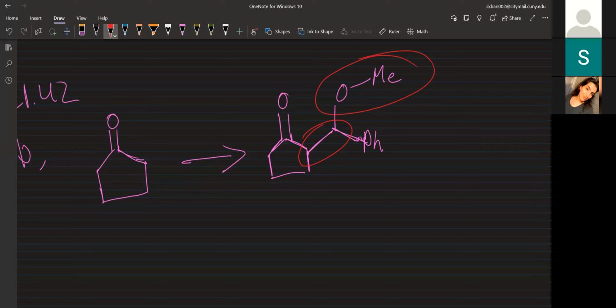There's a couple ways we could do this. Technically, we could use aldol, probably use a Claisen too. And what else? I don't know if you could do it through a Michael addition, possibly.